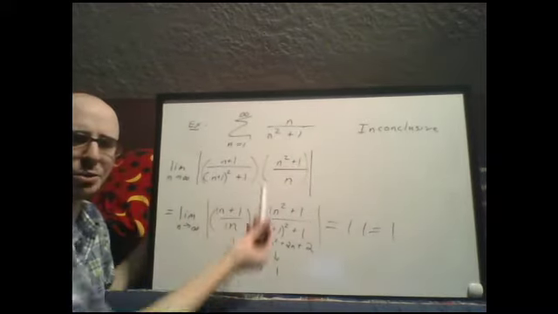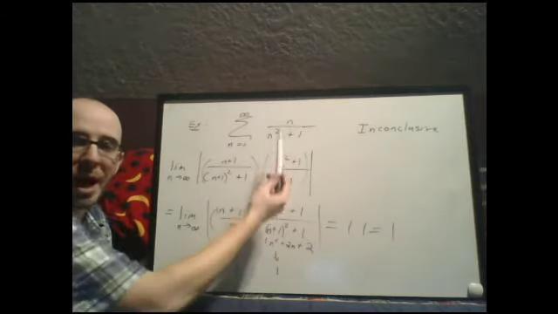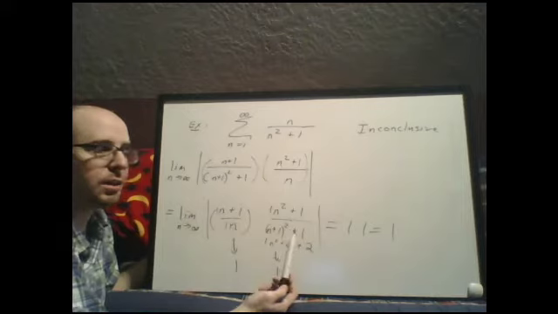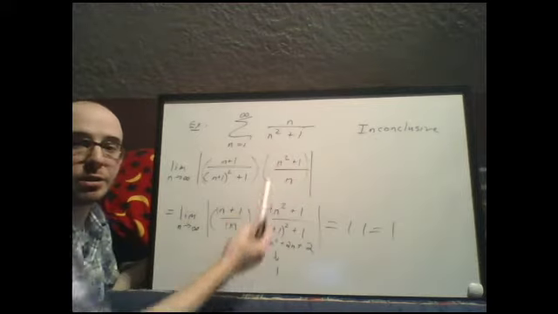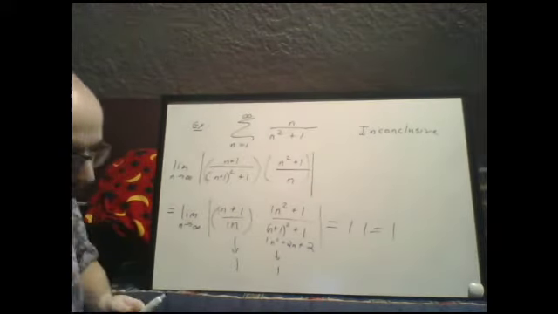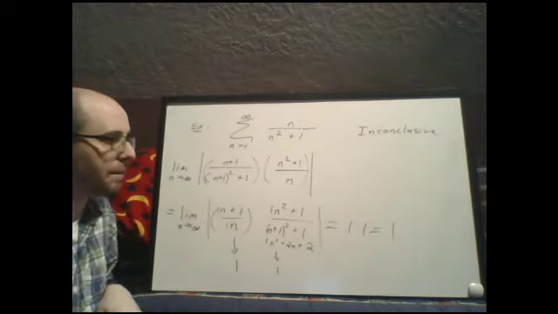Or even if there's like square roots. If it's just like a rational expression or powers of n involved, the ratio test won't work. It'll be inconclusive every time if that's all that's happening in our sequence. Okay, if our formula has nothing more complex than powers of n.